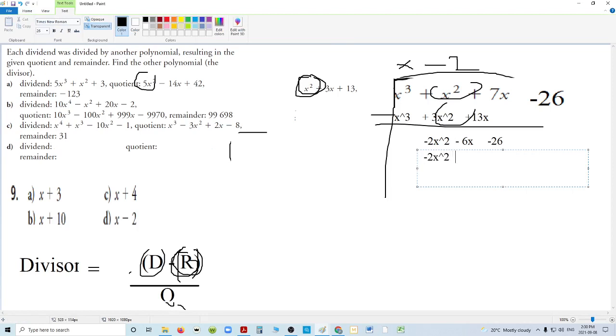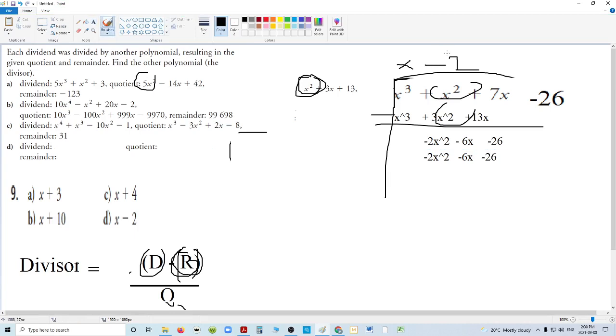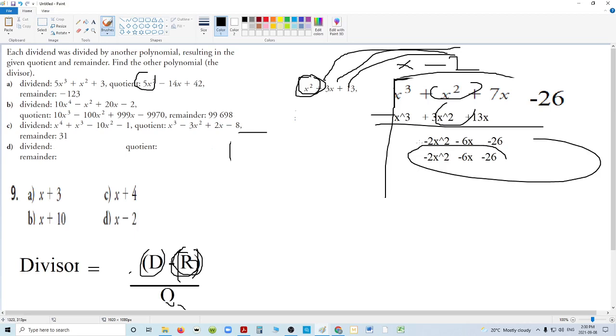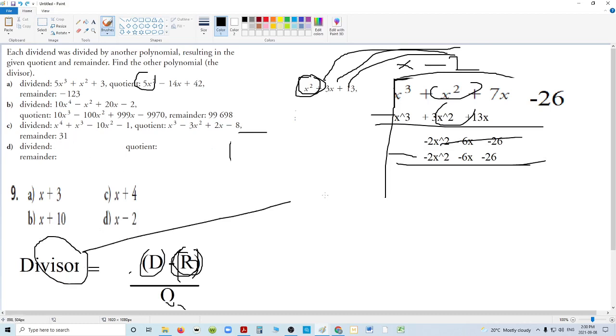And minus x squared, I should get minus 6x, I do. And I should get minus 26, I do. And that's what I'm doing here, multiplying the minus 2 times all the terms over here to get this. And when I subtract them, they indeed cancel out. Which means my divisor is x minus 2.